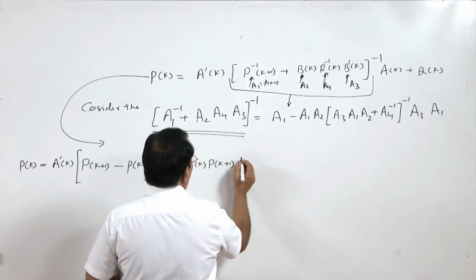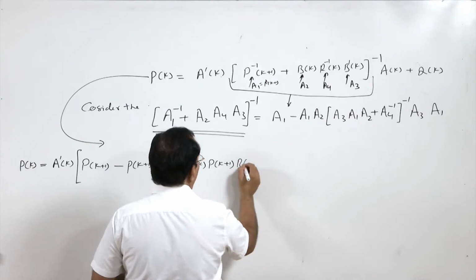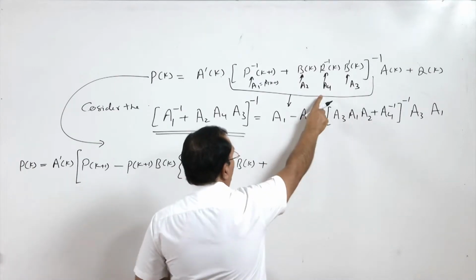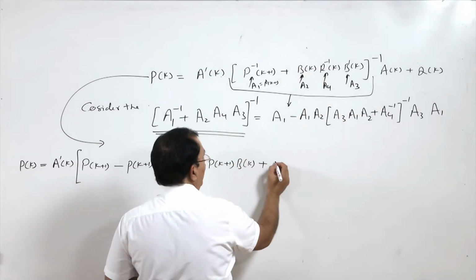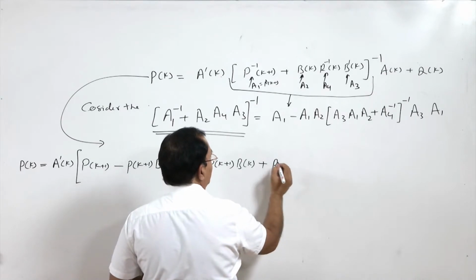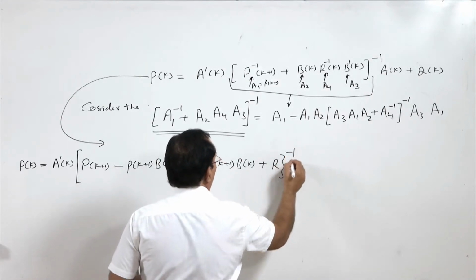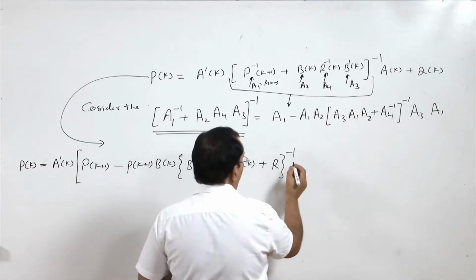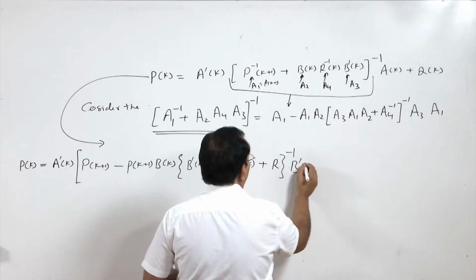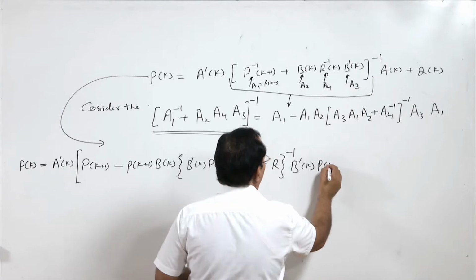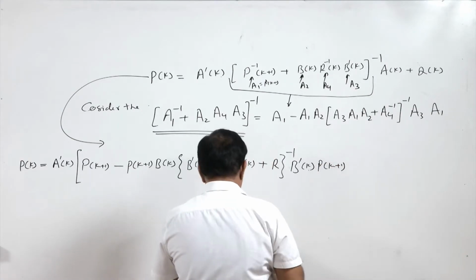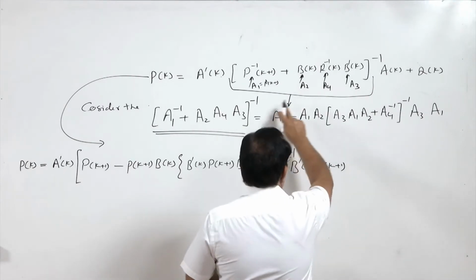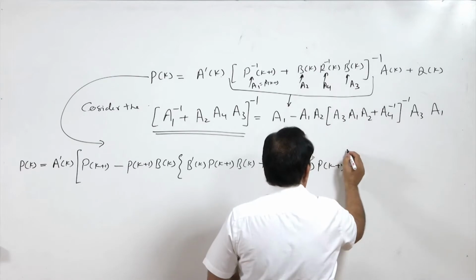So, A3 A1 A2 is nothing but my B prime k P k plus 1 B k, plus A4 inverse, where A4 is my R inverse, so I simply write this as R, and the inverse of this matrix, then A3 A1, B prime k, P k plus 1. So, this is the expansion of this whole inverse matrix.